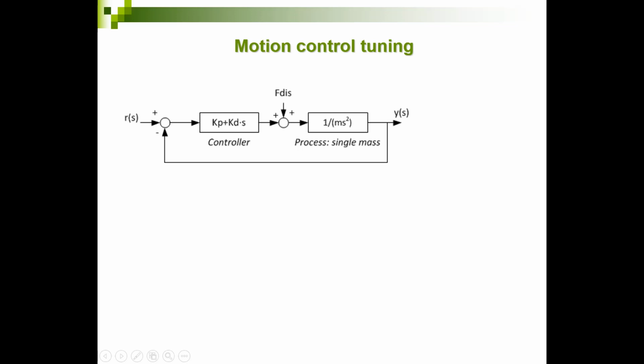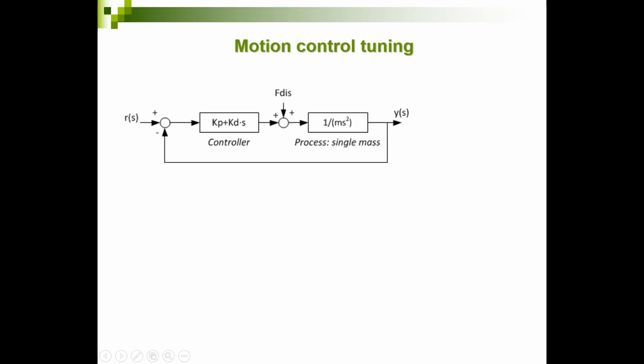Then I can say, well, from F to y, the forward path is my process. And in the loop, I see the process times the controller. So there we go. The transfer function y over F disturbance equals 1 over ms squared divided by 1 plus the controller Kp plus Kd times s times 1 over ms squared.